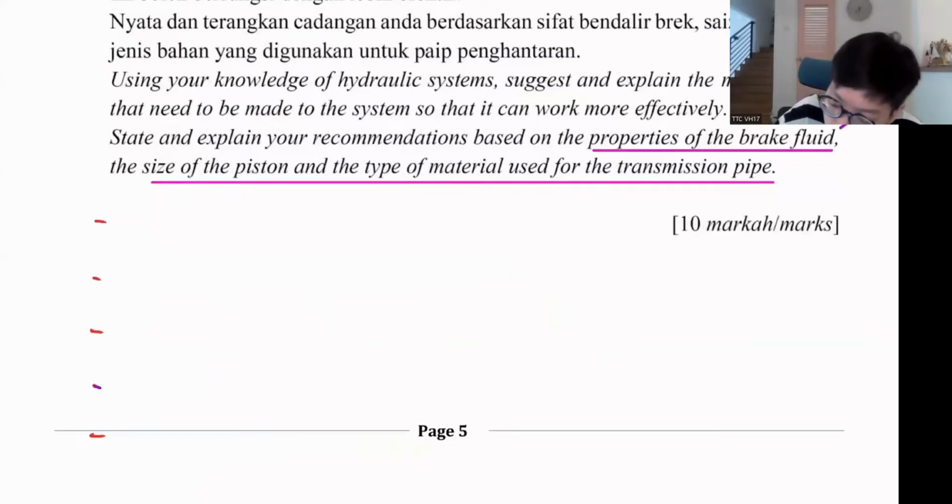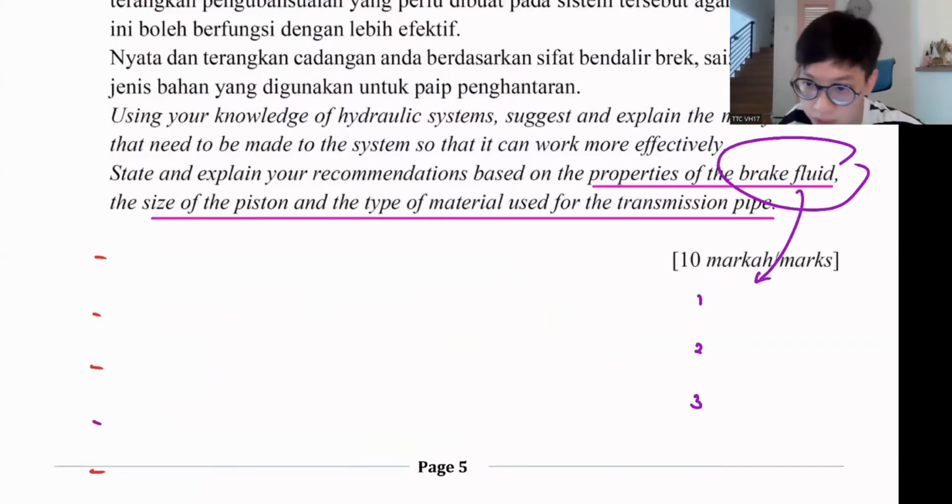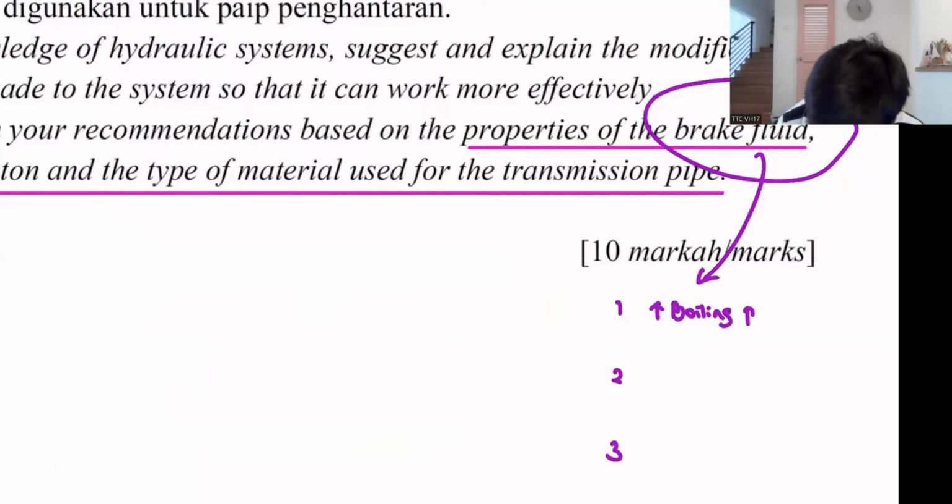Now we're going to talk about the brake fluid first. So usually brake fluid, what are the characteristics? Let's think about what kind of things we can say about brake fluid. So number one, what do we usually want? High boiling point.